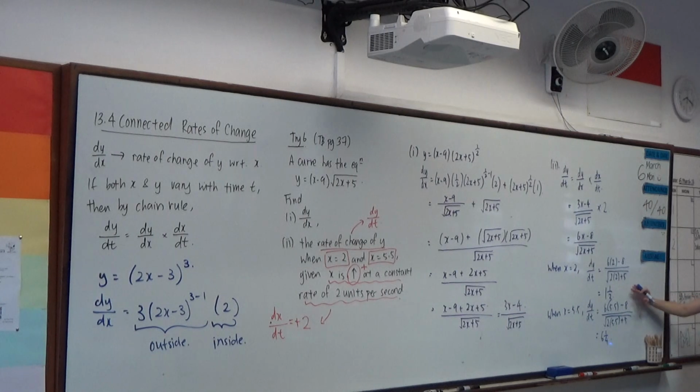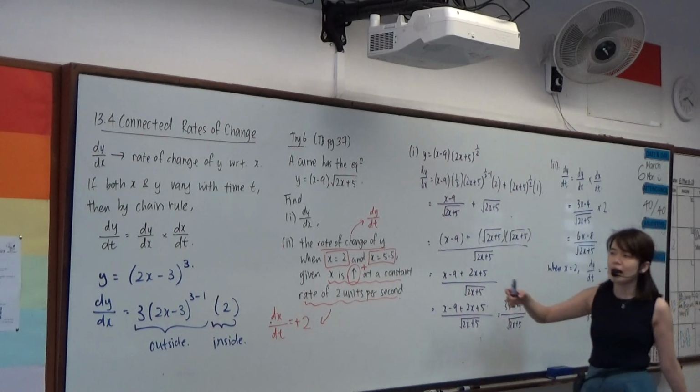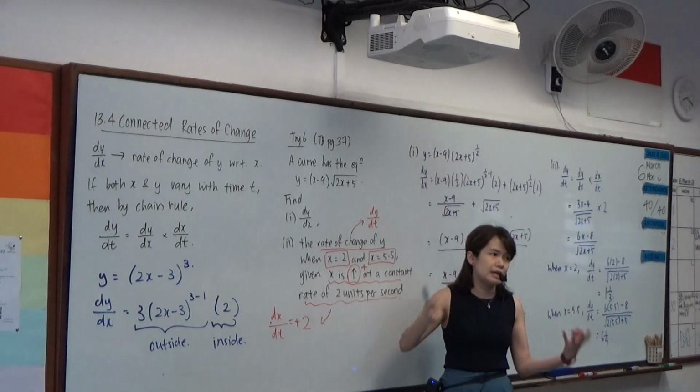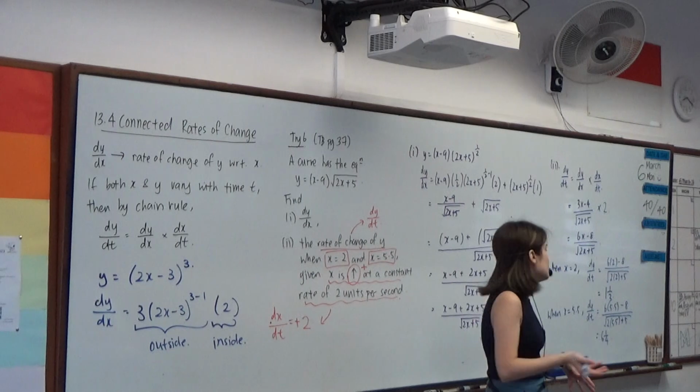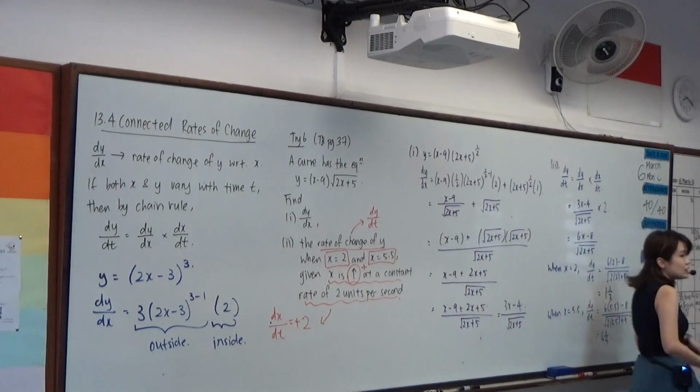But I don't want us to just stop here in terms of finding the value. You must know how to interpret these values as well. While the question only asks for the rate of change, that means the value, sometimes they may also ask you, is it increasing or decreasing? So we see that the values are actually positive.